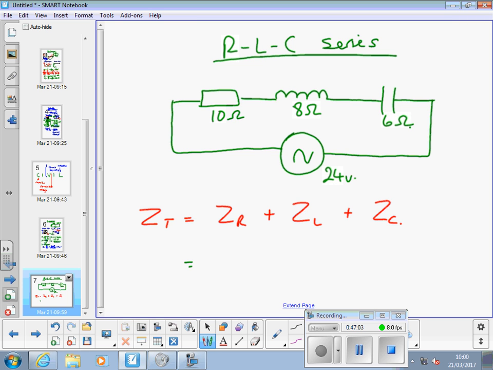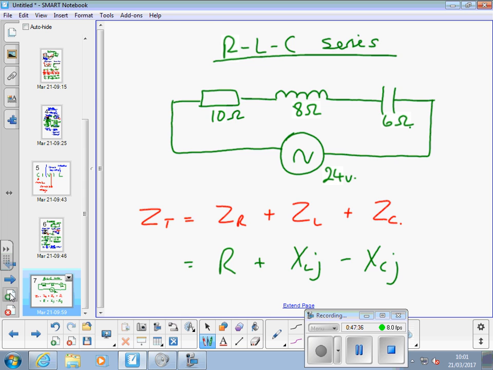And we can write this as R, we can write that as XLJ, and we can write this as minus XCJ.